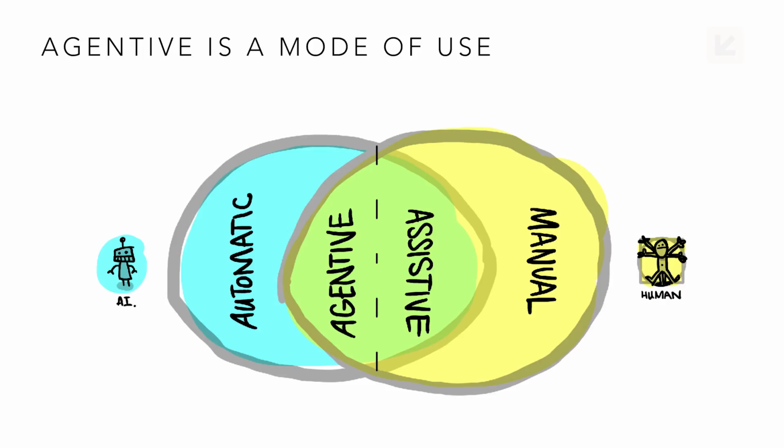But if we take a look at the set of things that artificial intelligence can do for humans and overlap that with the set of things that humans can do for themselves, it doesn't align perfectly. If the computer can do it 100% confidently, and humans don't need to be involved, we call that automatic.